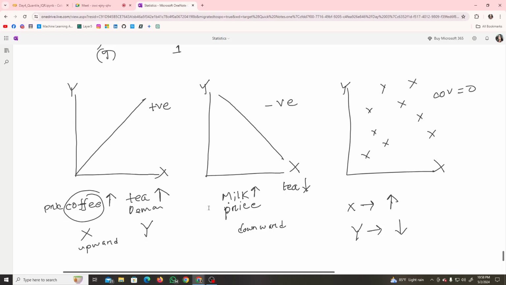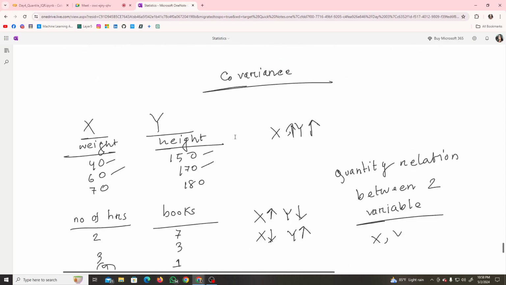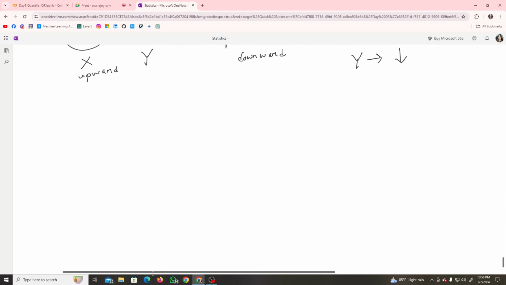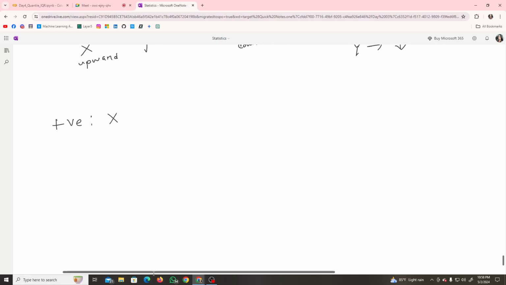So in covariance, we have positive covariance, negative covariance, and zero covariance. In positive covariance, X is proportional to Y. In such a case, X is increasing and similarly Y is also increasing, or X is decreasing and the values of Y are also decreasing.